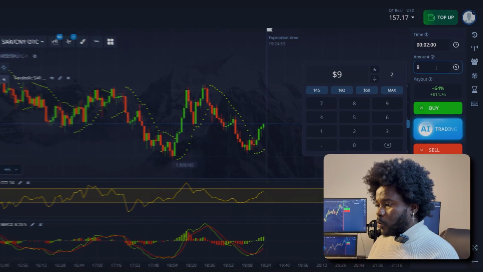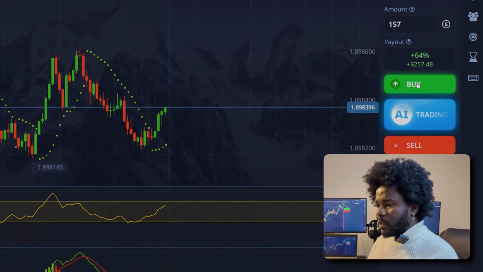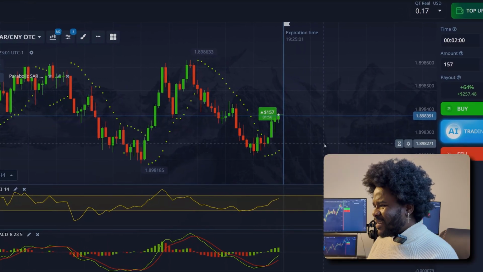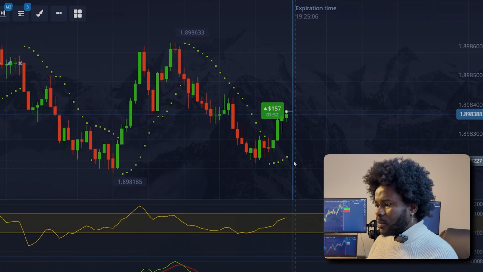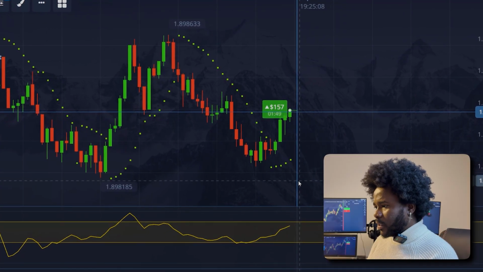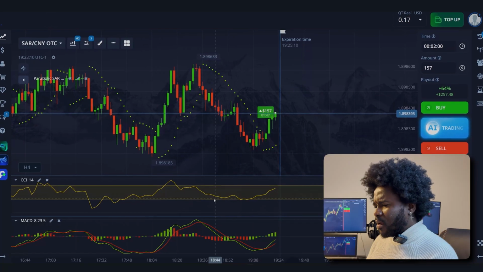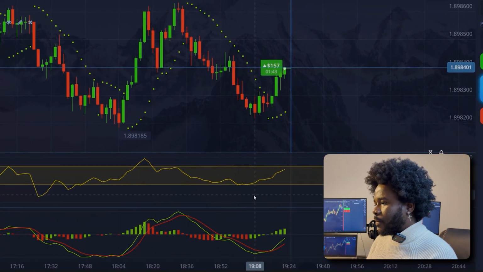I continue trading and open another 2-minute buy for $157. Before the entry, price moved down with a series of red candles, forming a local bottom. Parabolic dots move from above to below the candles, confirmation of an upward reversal. On CCI High, after low values, the line turns and confidently moves upward.